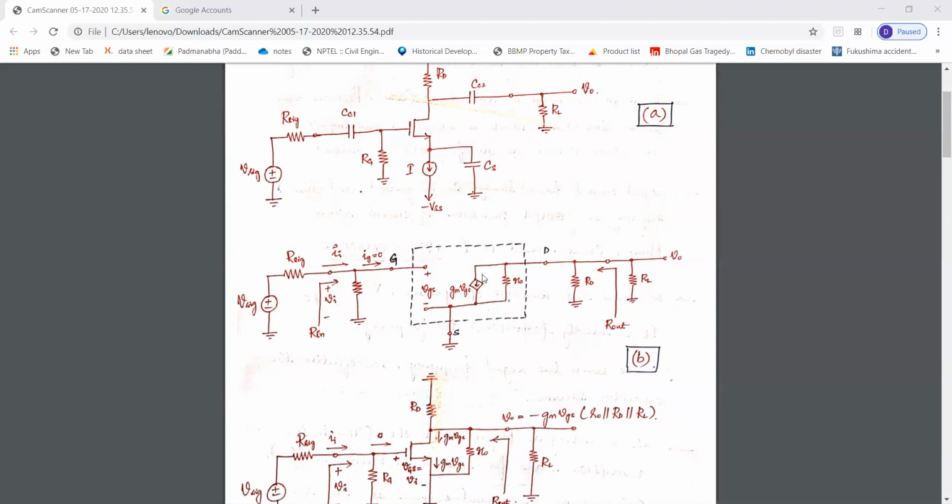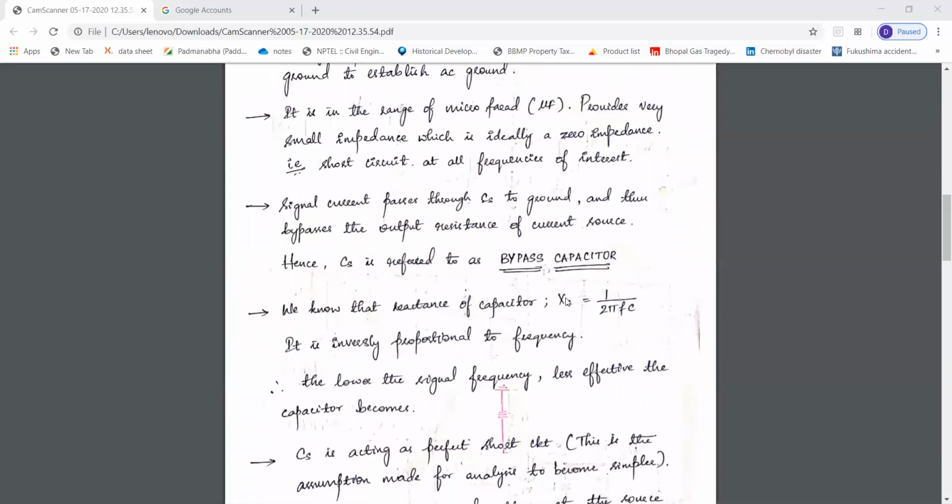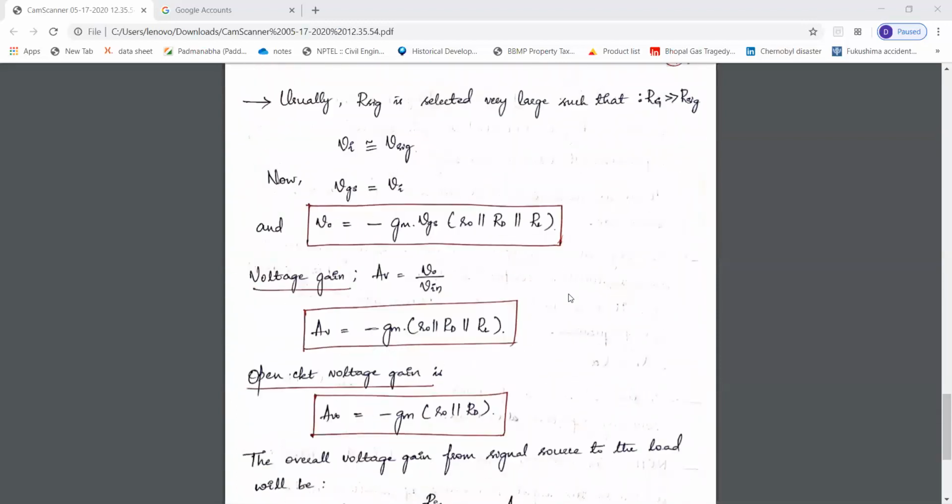Since the current direction is opposite, a minus symbol is included in this formula. See here, V0 is equal to this current into resistance, I into R. Negative because the current direction is opposite. Gm into Vgs into the parallel combination of R0, Rd and RL. And voltage gain, we know that voltage gain is equal to output voltage by input voltage, isn't it?